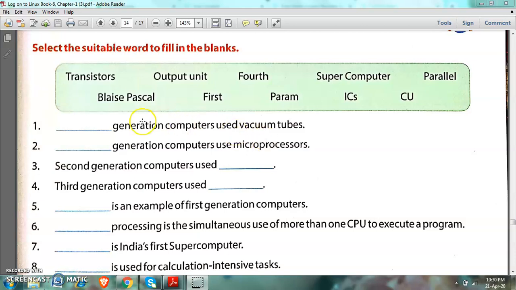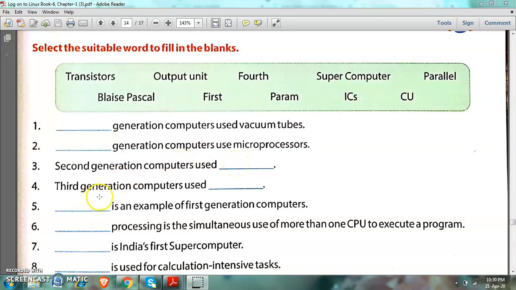So here you will write 4th generation computers, FOURTH, 4th. Second generation computers used dash. After first generation computers, when the second generation computers came in the market, they were using transistors in place of vacuum tubes. So here transistors will come.